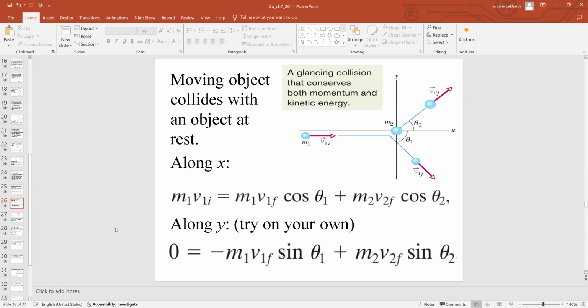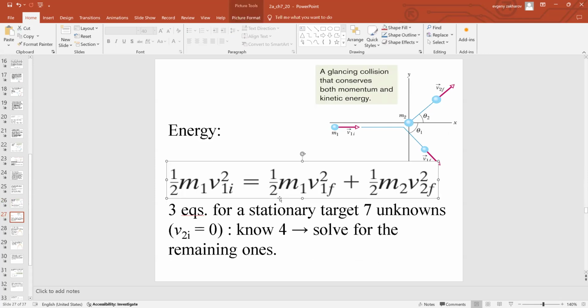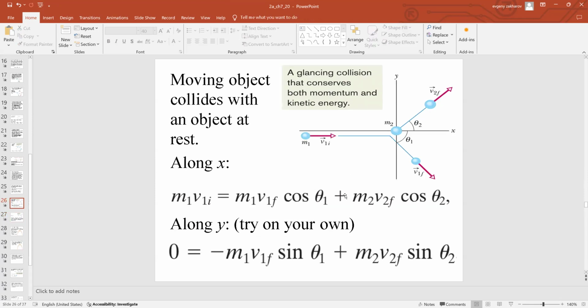If it's elastic, then life is beautiful. You just have to conserve kinetic energy, and that's it. If it's inelastic, then you just can't say this statement, and you try to solve from what's given otherwise.